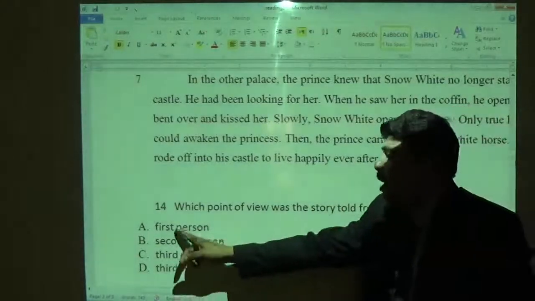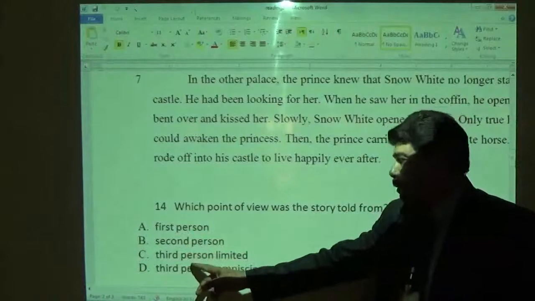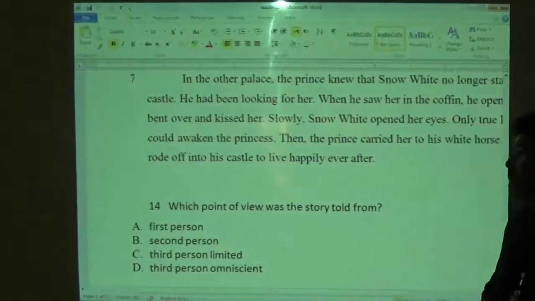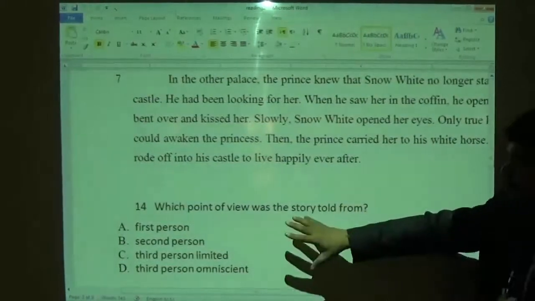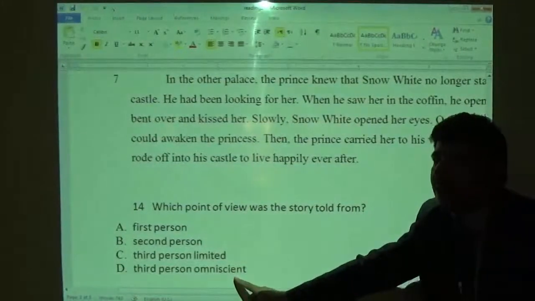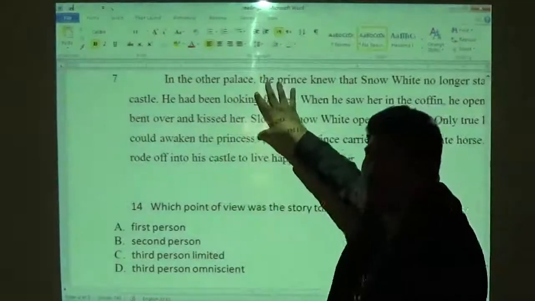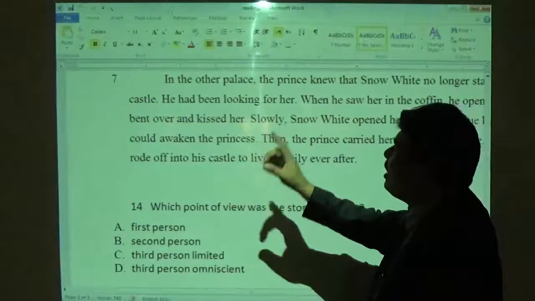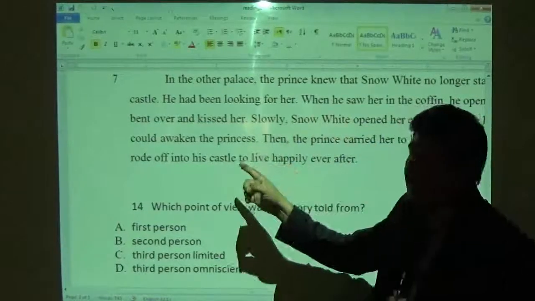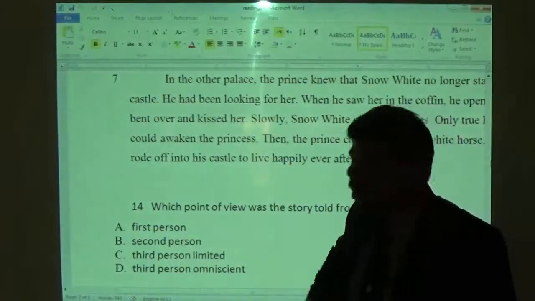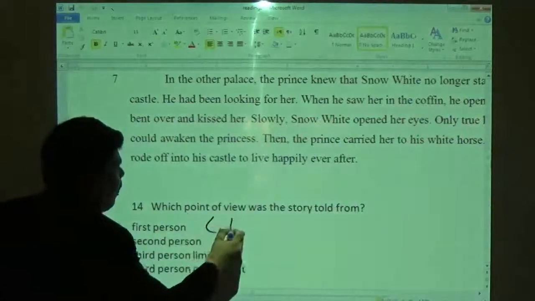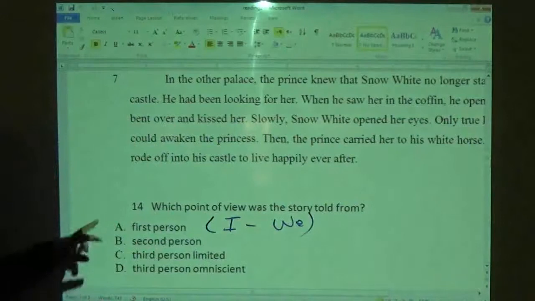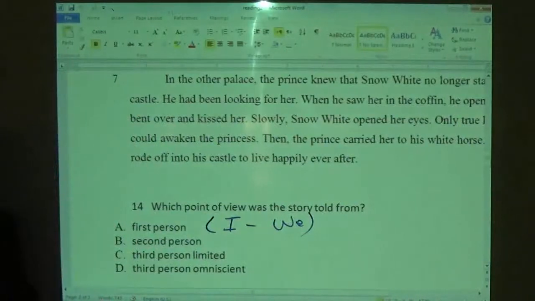We have first person, second person, third person limited, and third person omniscient. So, how to answer these questions? I look at the story. If I find the pronouns I or we, that's first person. So, if I find the pronoun I or we, I choose number A because it's the first person point of view.